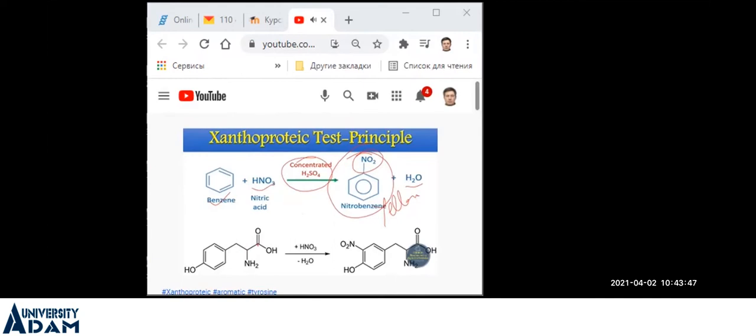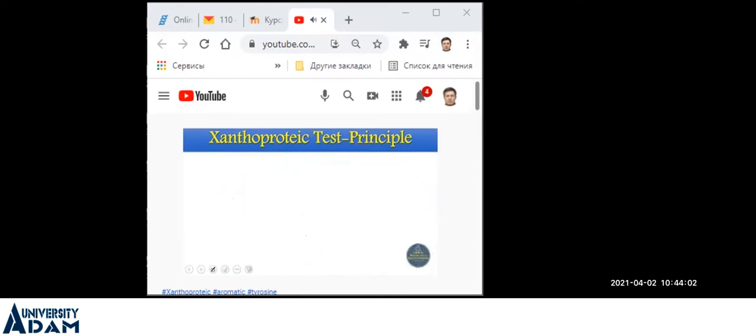In the presence of HNO3, that is acidic conditions, it is going to be nitrated, so an NO2 group will be added onto the benzene ring. This is a nitro derivative of tyrosine, and its color will be yellow, and that yellow color we are going to see. So for tyrosine, the ring is nitrated and an NO2 group is added in the presence of the acidic environment.